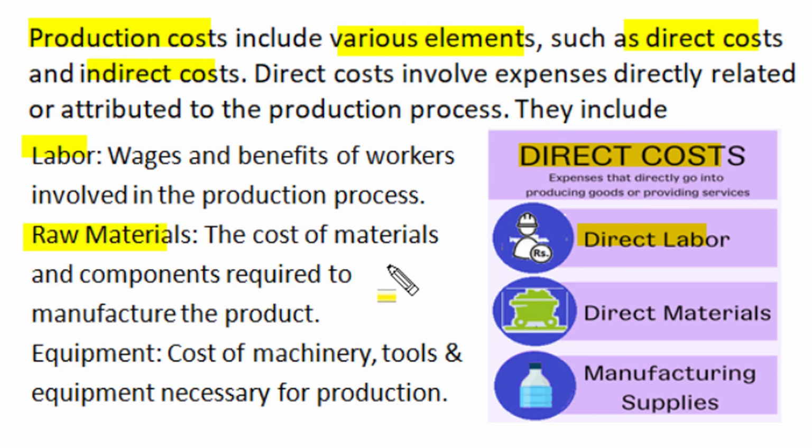The cost of materials and other components that are required to manufacture the product are direct material cost. We also need some additional manufacturing supplies, equipment, machinery, tools for the support of production activity, and those cost is also direct cost component and termed as manufacturing supply. So direct cost has three component: direct labor, direct material and allied manufacturing supplies, cost of machinery, tool and equipments.